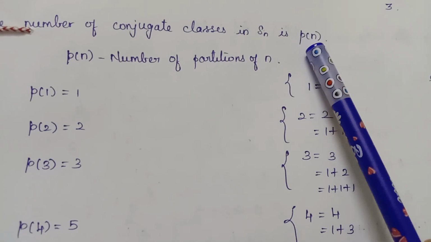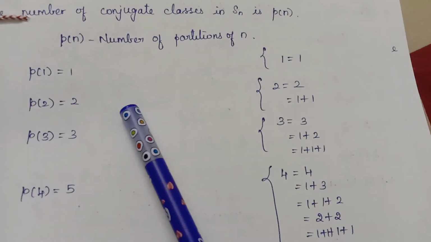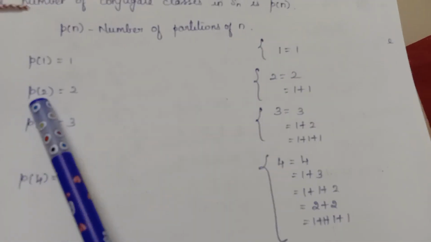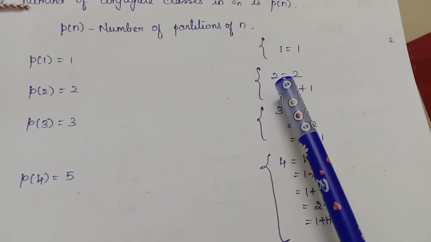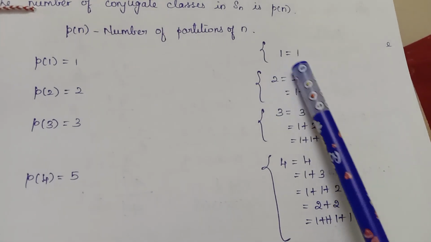Now let us find the class equation for Sn. Before that, the number of conjugate classes in Sn is equal to P of n. What is this P of n? The number of partitions of n. Partition means different ways of writing the number n. P of 1 equals 1, because 1 equals 1 only. And P of 2 equals 2, because you can write 2 equals 2 or 2 equals 1 plus 1. So two different forms are there.